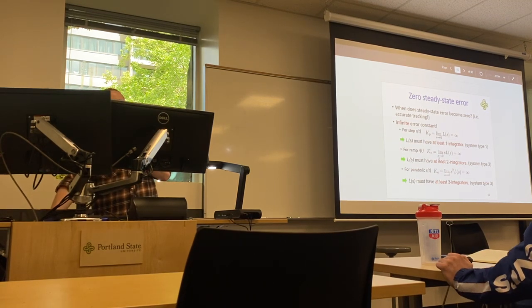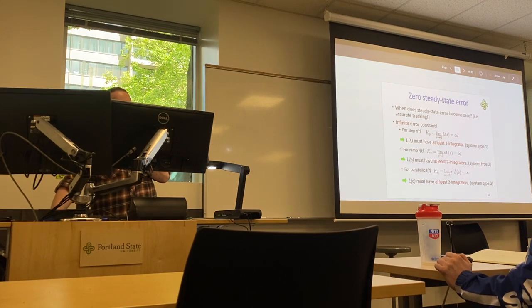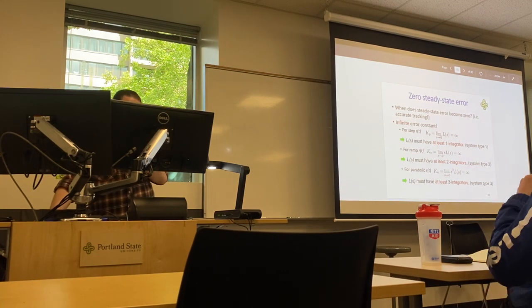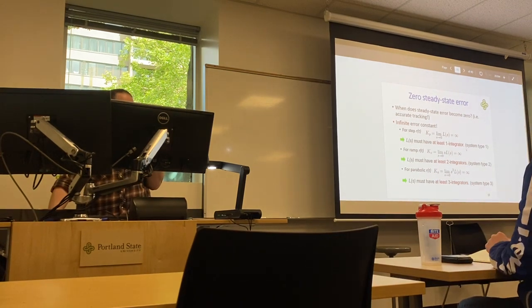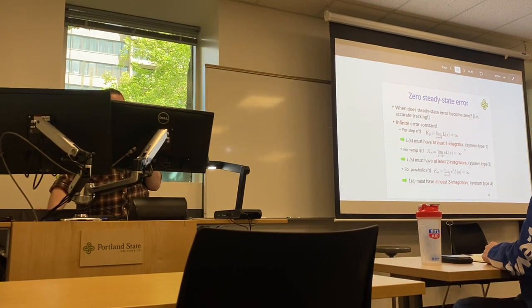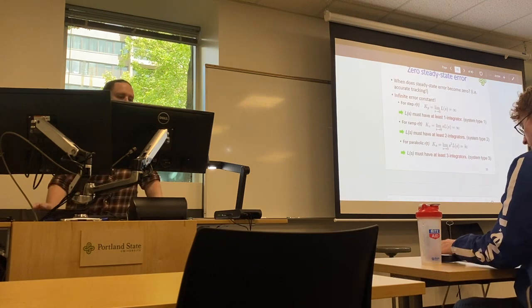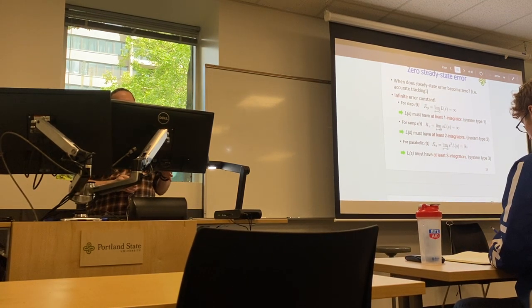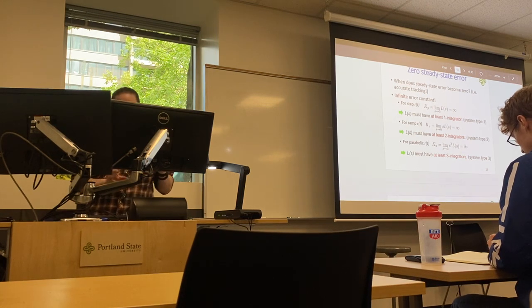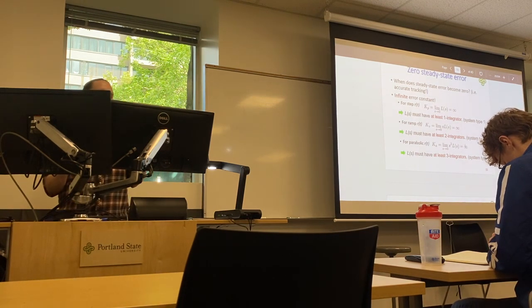If we don't have at least 2 integrators, a system of type 2, we'll get into the system types in a bit, we would again end up with infinite error for a ramp input. Finally, for the parabolic input, if we don't have a system with at least 3 integrators, system type 3, we would again end up with infinite steady state error.